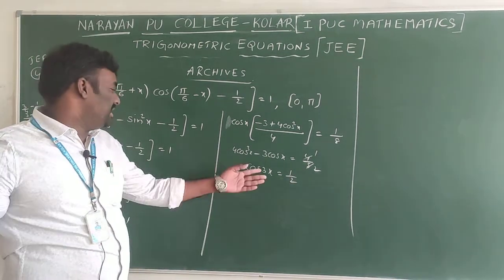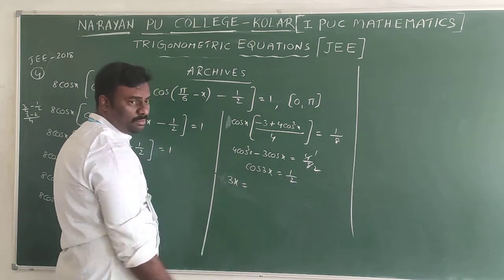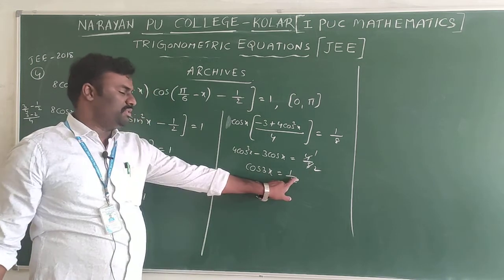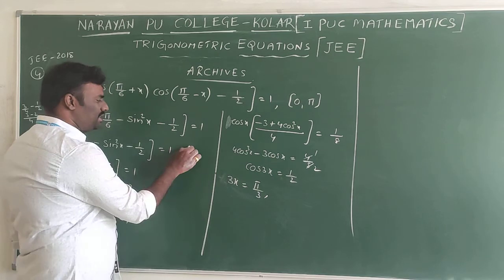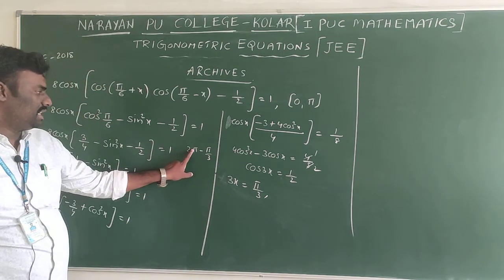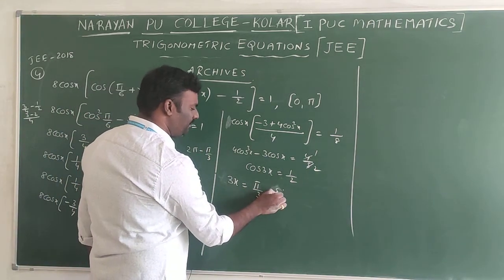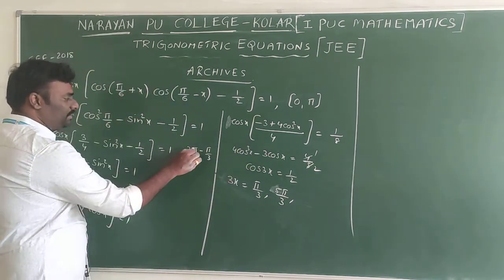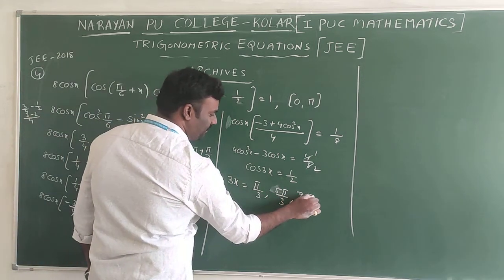See, without writing the general solution, I am taking 3x is equal to, cos is 1 by 2, that is nothing but pi by 3. Cos is positive in which quadrant? First quadrant as well as fourth quadrant. 2 pi minus pi by 3 also we will get. What will we get? 6 pi minus pi, that is 5 pi by 3. And as well as 2 pi plus also we will get. 3 into 2 pi, 6 pi plus pi, 7 pi by 3.